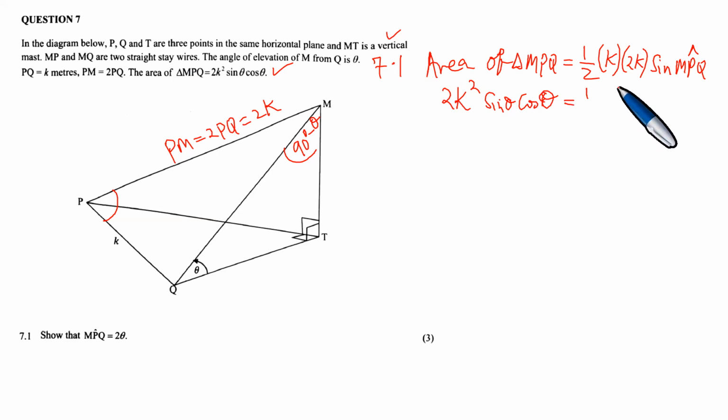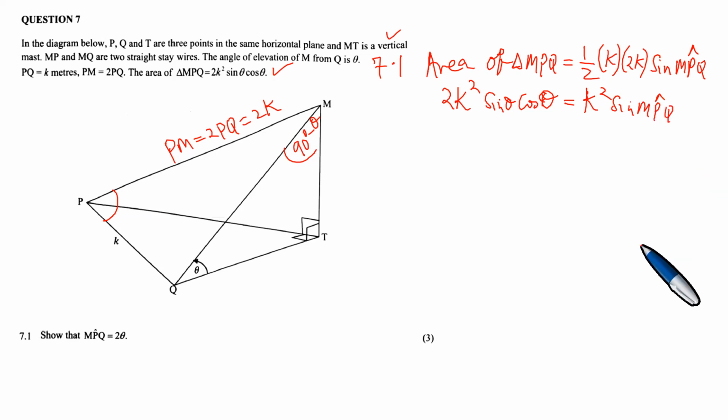Continue to the other side. What you get is exactly that. The 2 cancels, so you have K squared, the sine of MPQ.